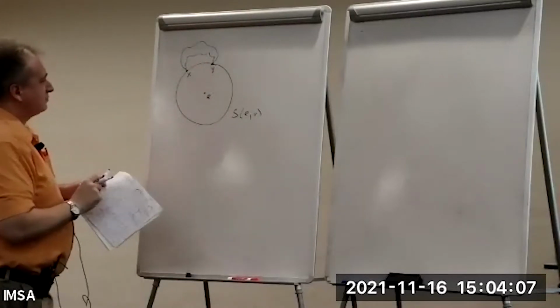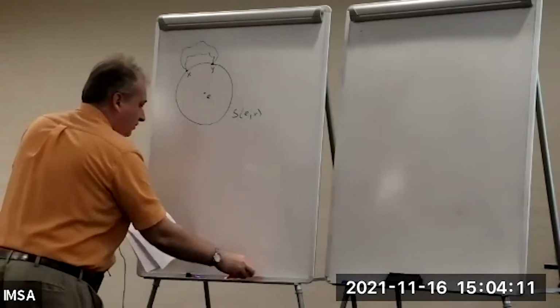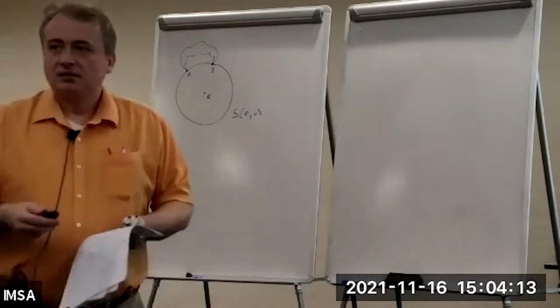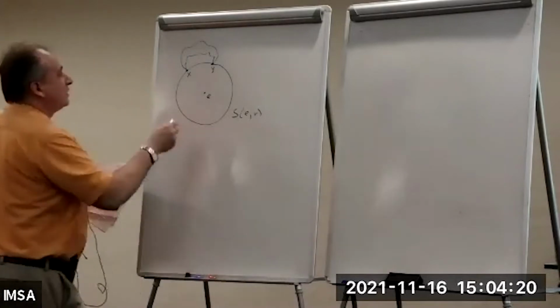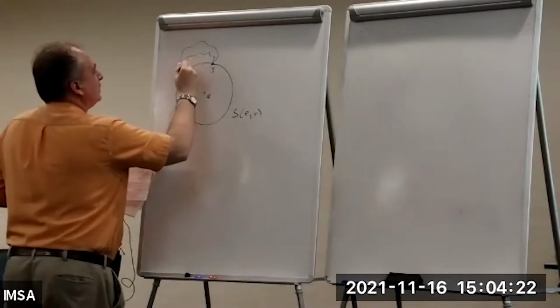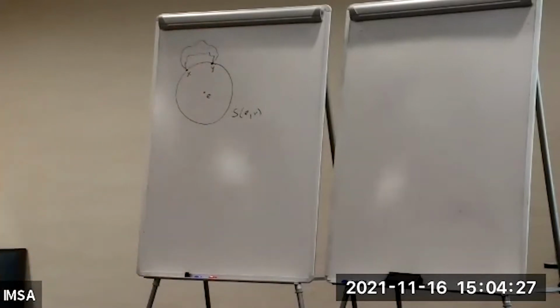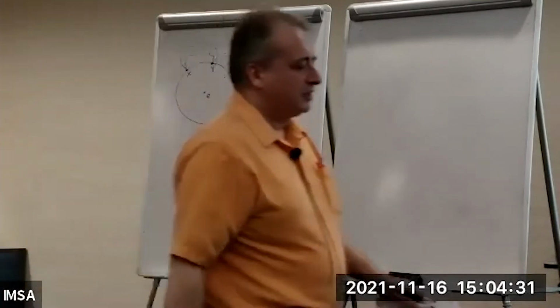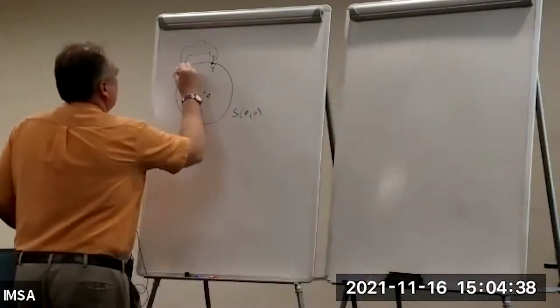Among all r-avoidant paths, we take the one which is the shortest. So here, for example, we'll go along the sphere itself.